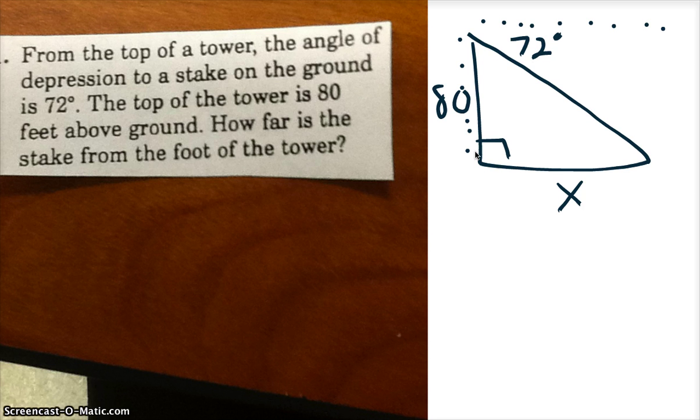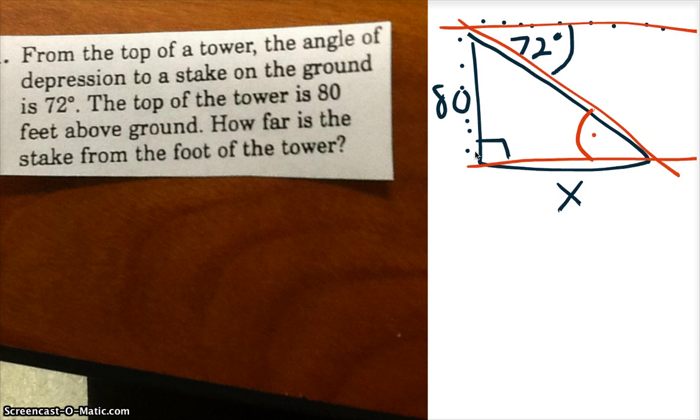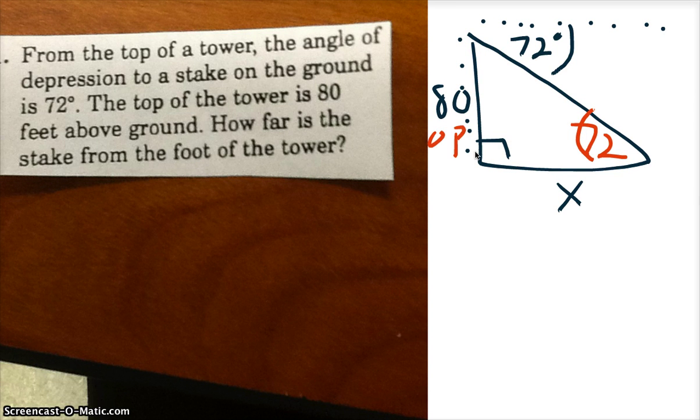And notice that the 72 degrees is outside of my triangle. But if you remember alternate interior angles, look, alternate interior angles, these angles are equal. So this one's also 72. So this would be my opposite and adjacent. So I would use tangent.